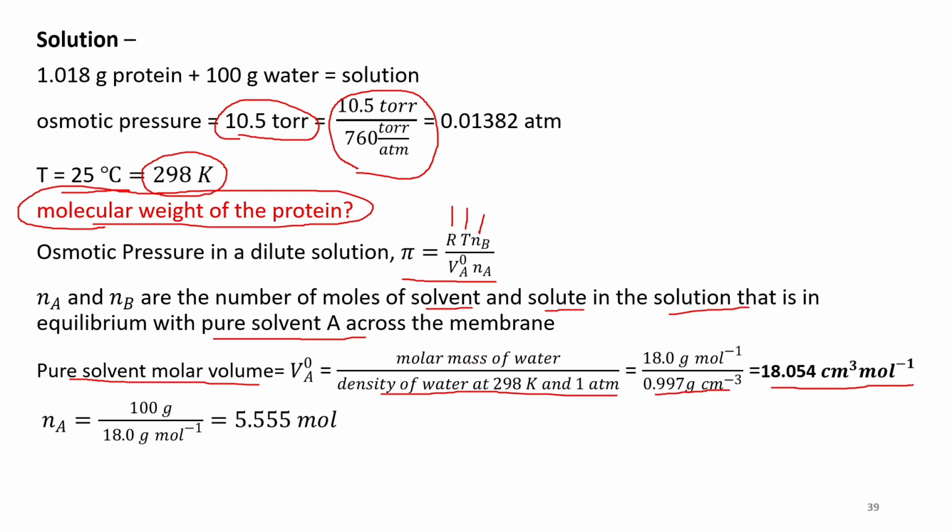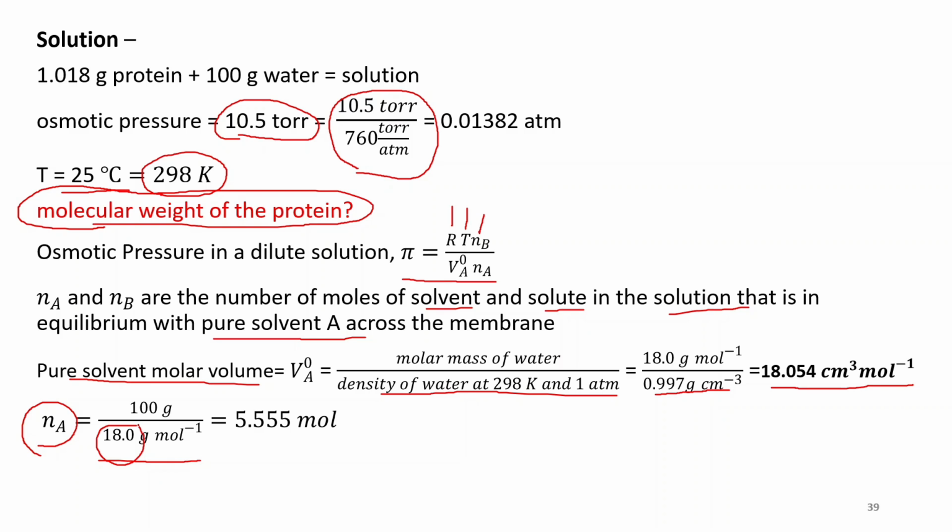Now we need to calculate the number of moles, first of the solvent, then of the solute in the solution. Na, the number of moles of the solvent, is given mass upon molar mass.